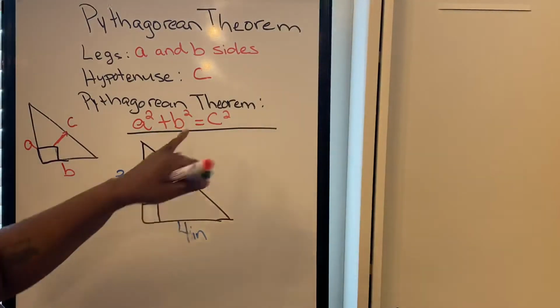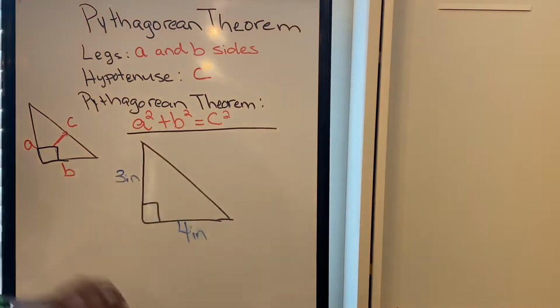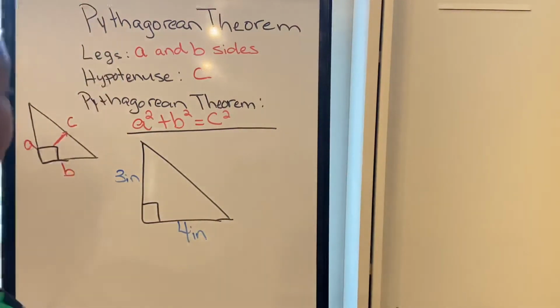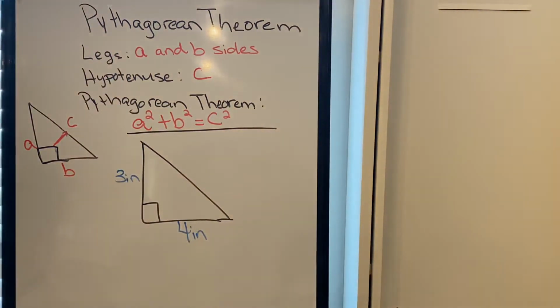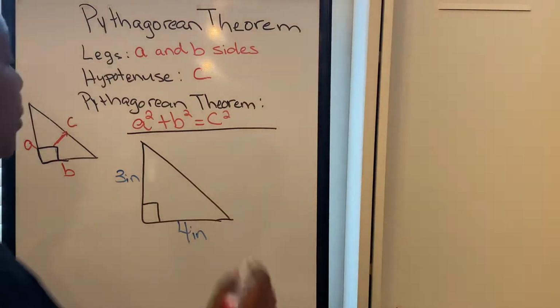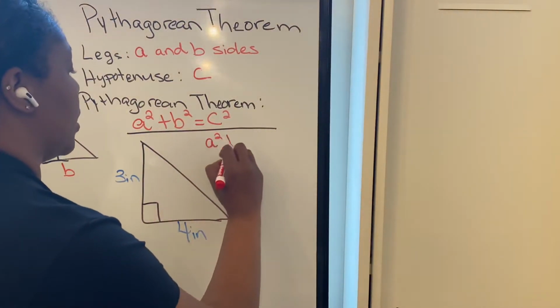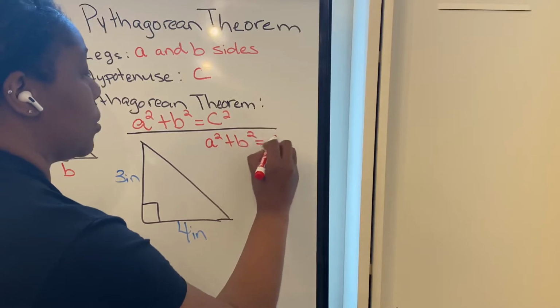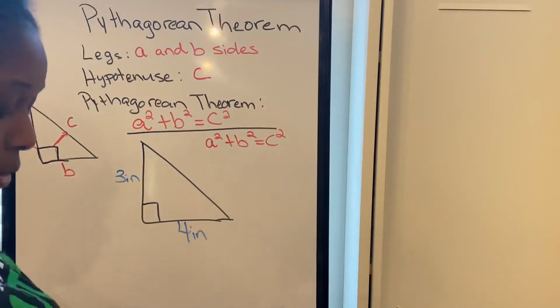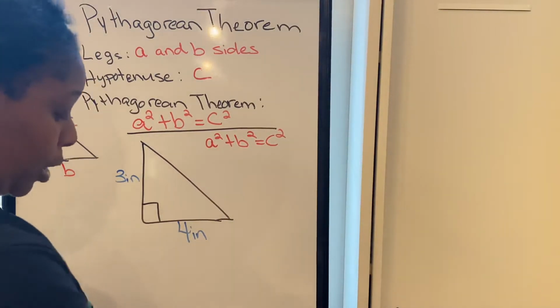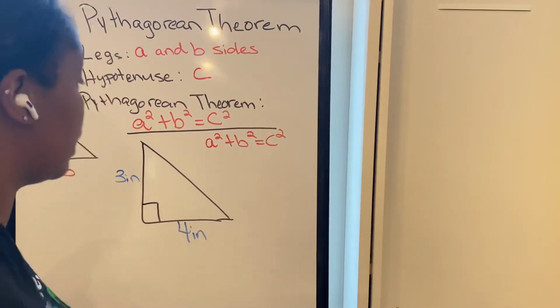Now, based on my equation, my Pythagorean theorem, I am going to input what I need to input. For example, you know I always tell you guys, rewrite the equation. That way you remember constantly where you're going, what you need.